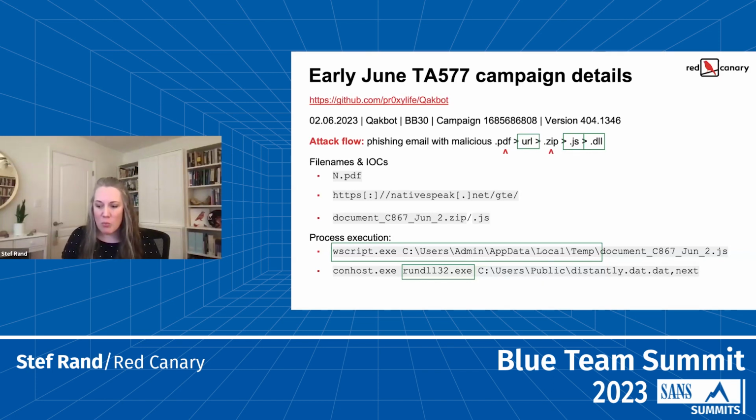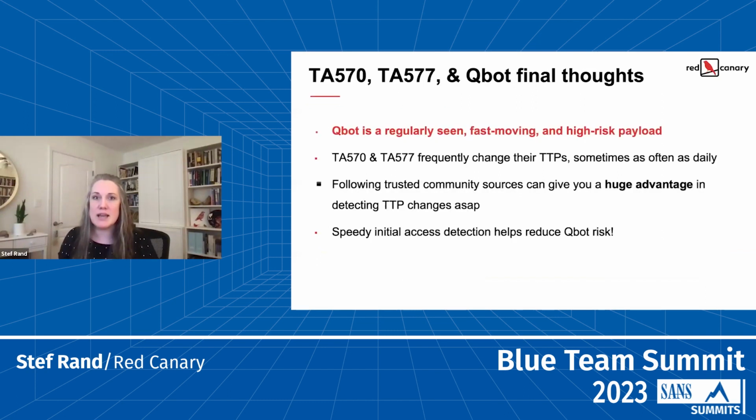So there are ways of keeping up with the latest changes, especially if you use OSINT to help you with this, which gives you a leg up on detecting Qbot before it's delivered, which is important. Qbot is very fast moving and it is high risk since it has been seen delivering ransomware in the past. So the more lead time you get to isolate that system, the better.